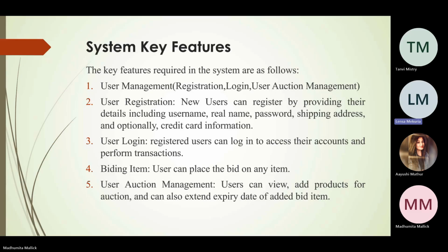User login is used for registered users, where they can log in to access their accounts and perform transactions. Bidding item is for users, where they can place a bid on any item.